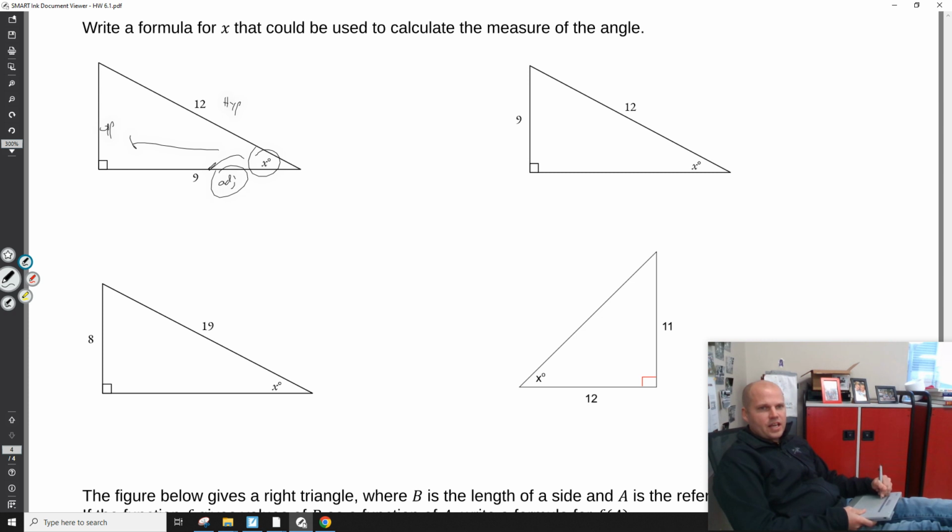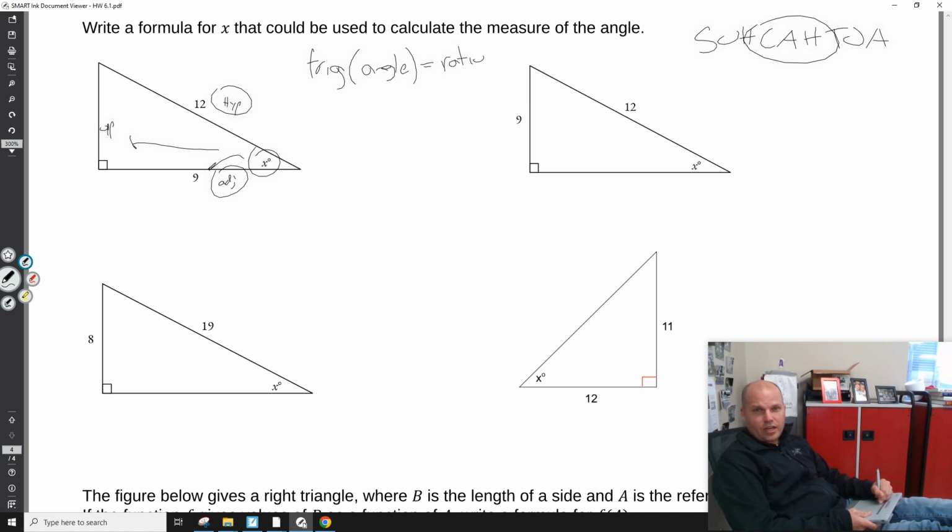So I have an adjacent and a hypotenuse. In SOHCAHTOA, the trig function that deals with adjacent and hypotenuse is cosine. Remember, a trig function of an angle gives you a consistent ratio no matter what size the triangle is. The cosine of this angle x will equal 9 over 12. Now, 9 over 12 can be simplified. That's not the point of this, but let's just do it. 3/4.